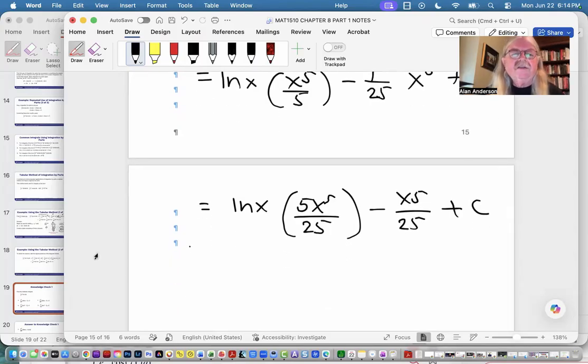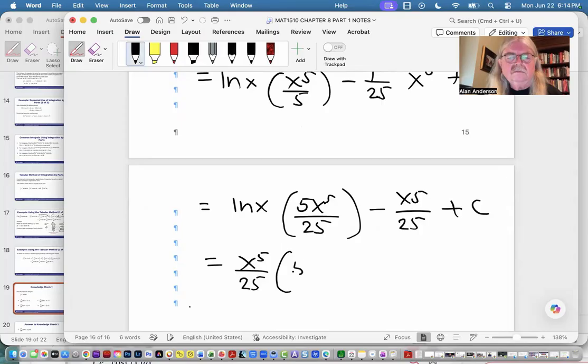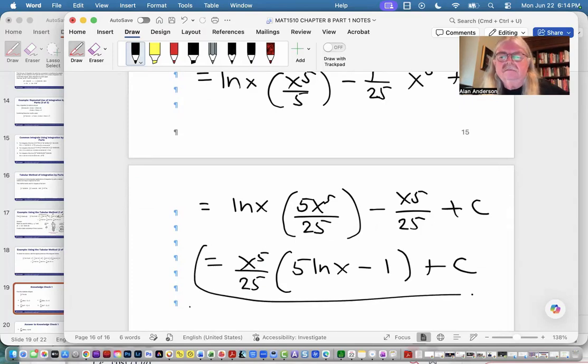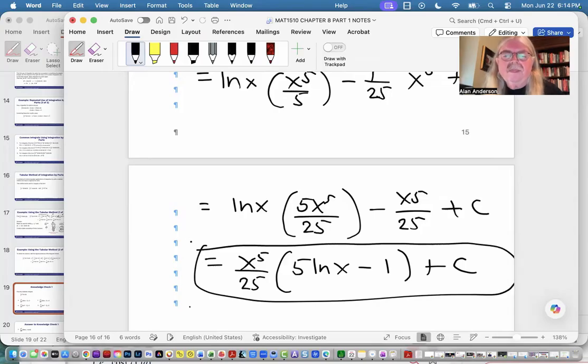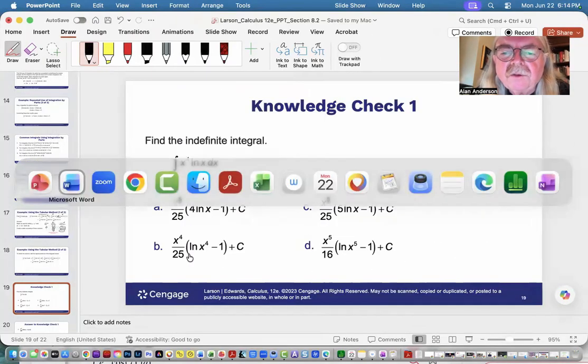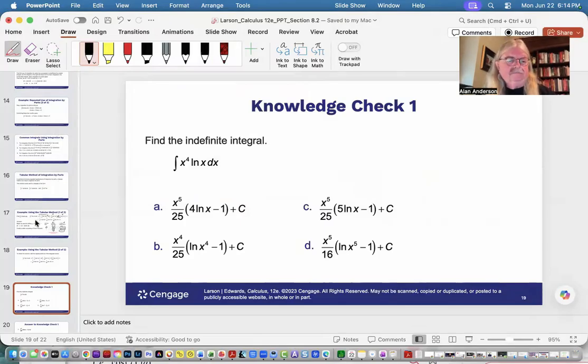So you could actually factor out x to the fifth over 25, which leaves you with 5 log x minus 1 plus c. There it is. And that is what they're looking for in part C. Okay, good.